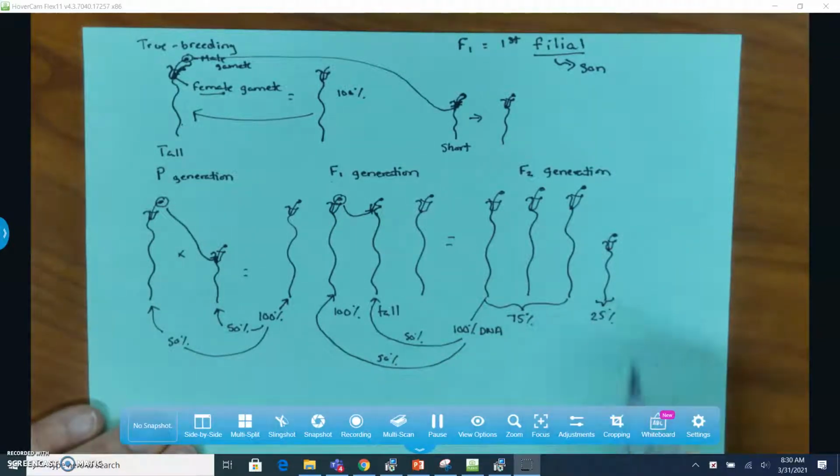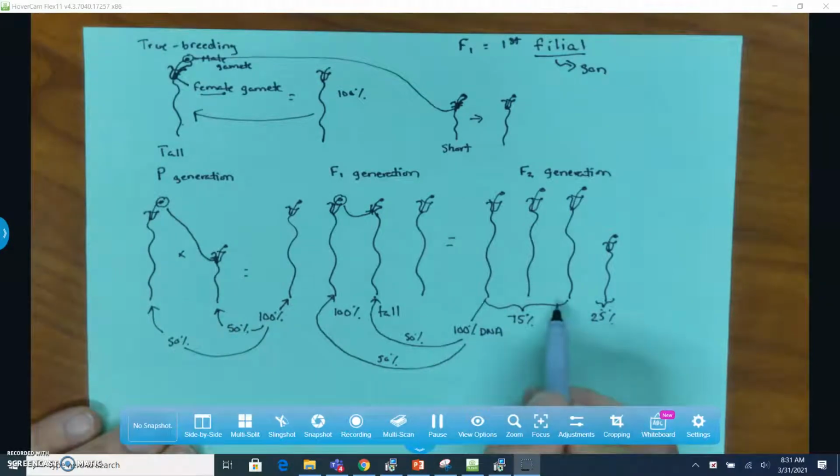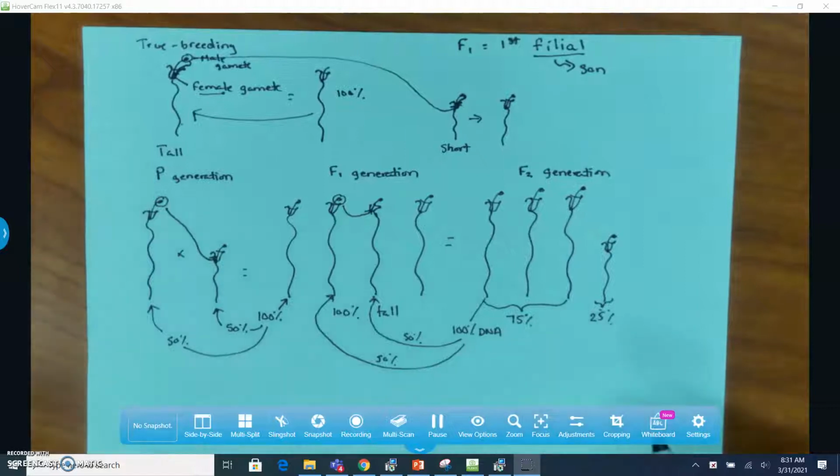Even in the short one, 50% of this short plant's DNA came from this plant, and the other 50% came from this plant. So why were only 25% of the plants short? Why were 75% tall? How come they weren't all the same?